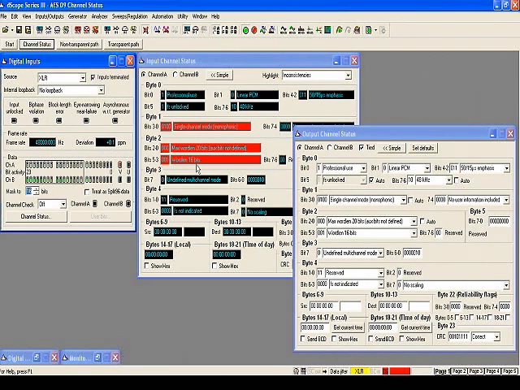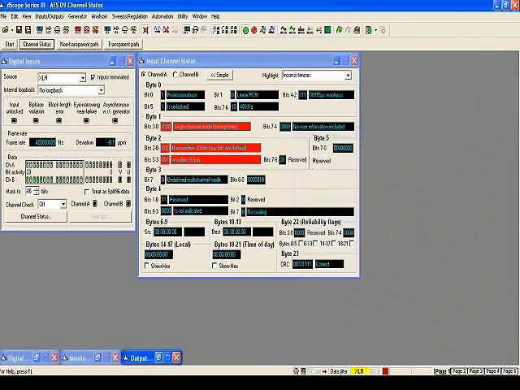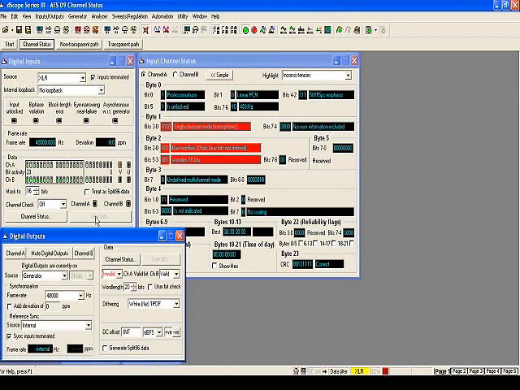Now there are a couple of other things we were talking about, and I just want to bring up the other portion of the display here. We've got something on the digital output side that also allows us to address, if you remember, the validity bit.